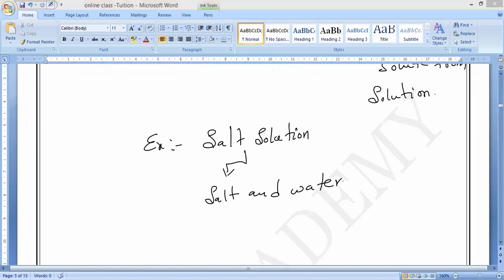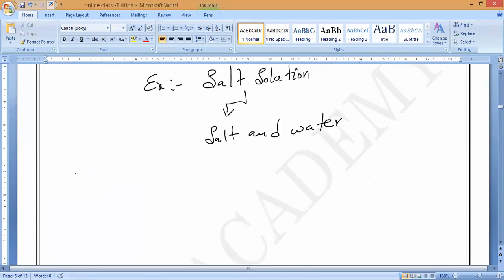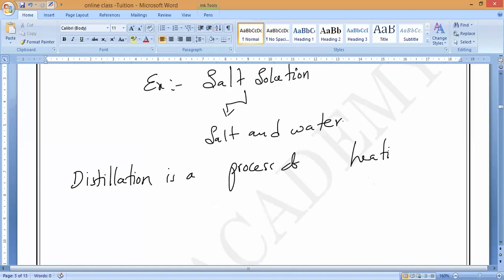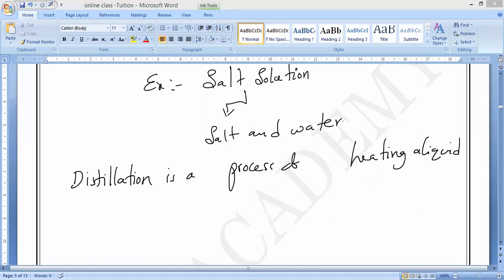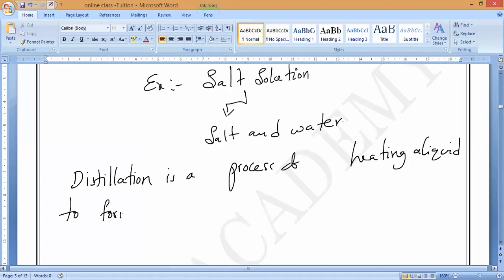So what do you mean by distillation? Distillation is the process of heating a liquid to separate the solvent and solute. Distillation is a process of heating a liquid to form vapor.